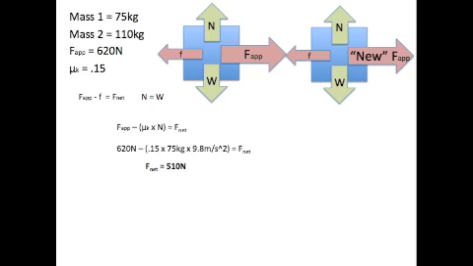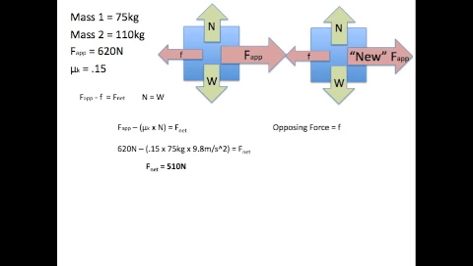But because of the force of friction, the net force of the 110 kilogram box is going to change by a certain amount. Because the force net is changing on the entire system, you can assume that the frictional force is the actual force acting upon the 75 kilogram box's net force.